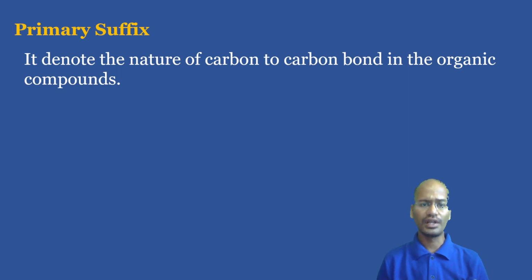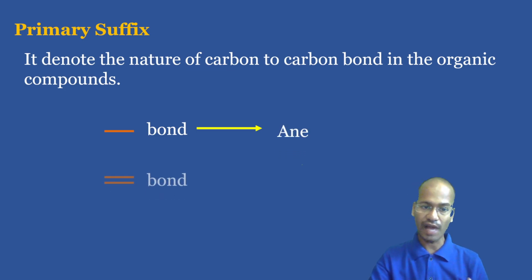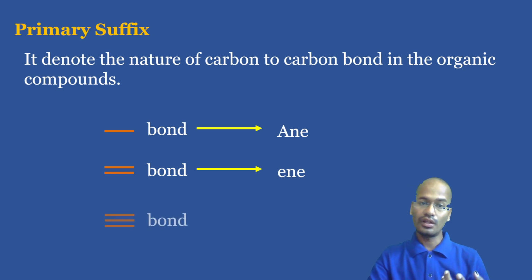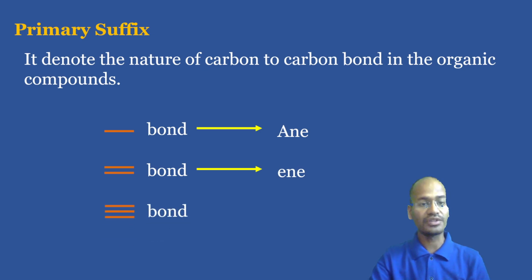Primary suffix denotes the nature of carbon, that is the carbon-carbon bonding or else hybridization. If there is a single bond, then the primary suffix is ane. If it has a double bond, then the primary suffix is ene. If the given organic molecule has a triple bond, then the primary suffix is ine.